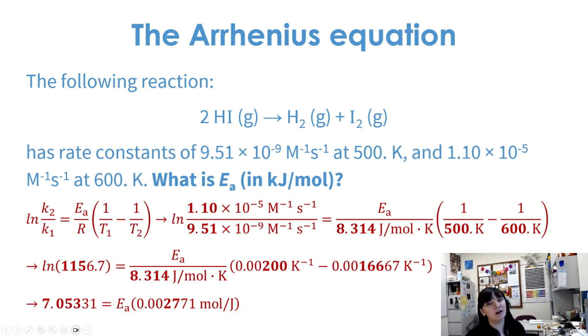For sig figs that are part of a logarithm or an exponent, the rule is that however many significant figures are inside the logarithm, that's how many decimal places you report your answer to. Because we took the natural log of a 3 sig fig number, my answer is going to be 3 decimal places in. That's why I report it here as 7.053, so the third decimal place matches the 3 sig figs going into the log.